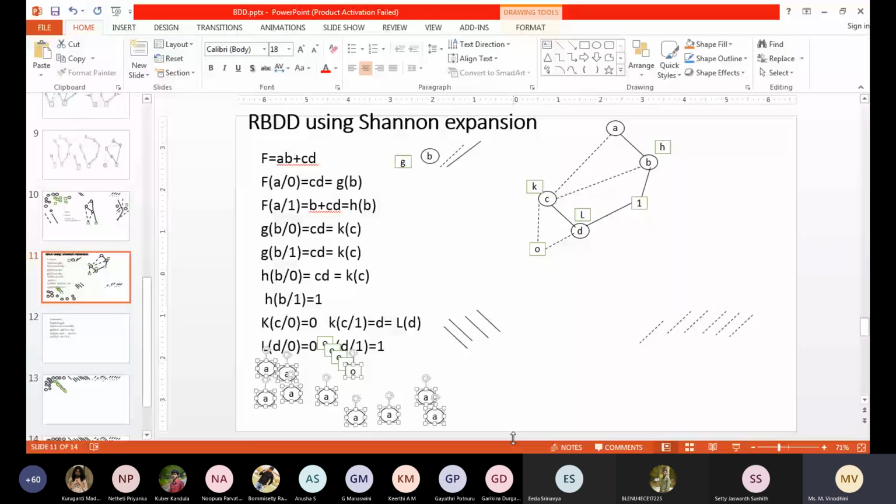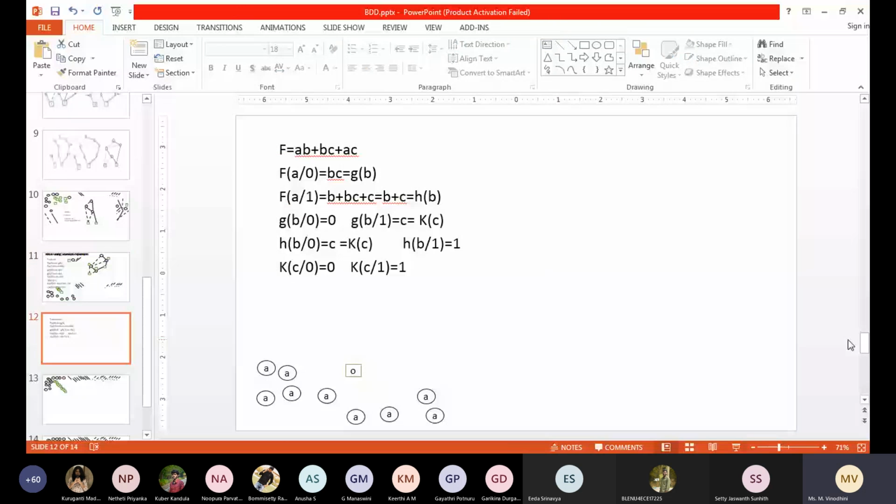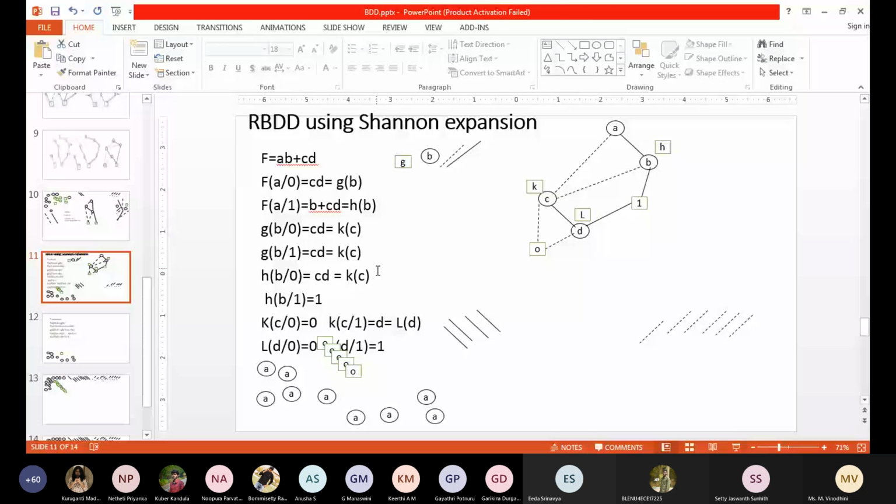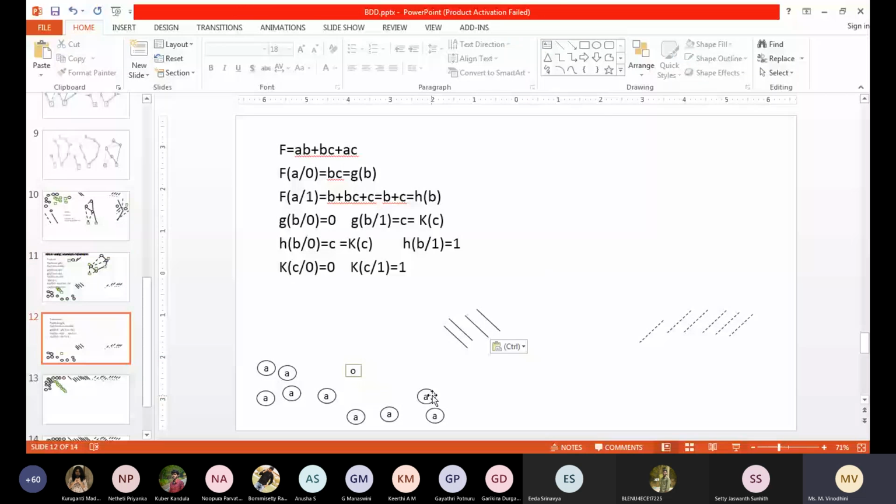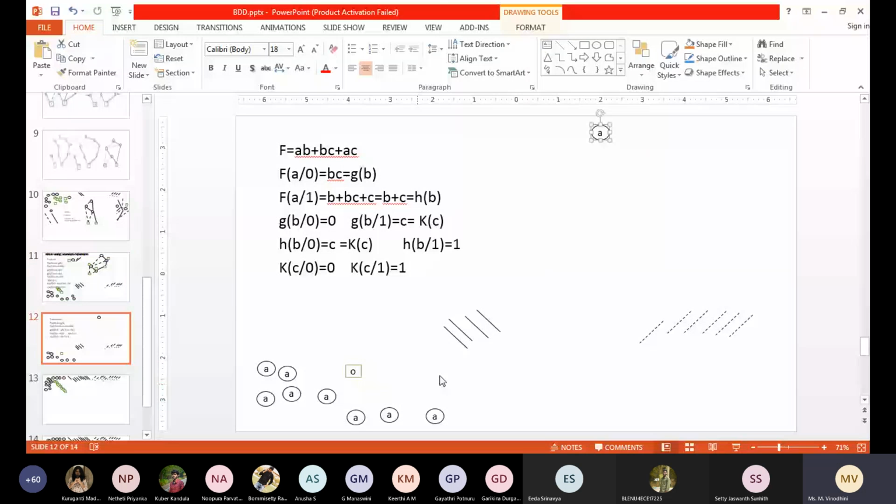So now let me draw the diagram for this. Okay. So first A, this A is nothing but always it will be related to F, whatever the initial variable is given.